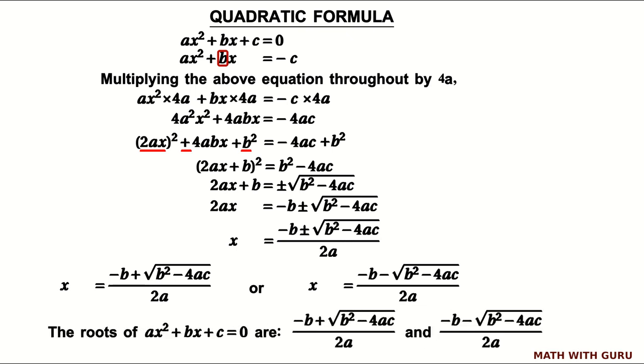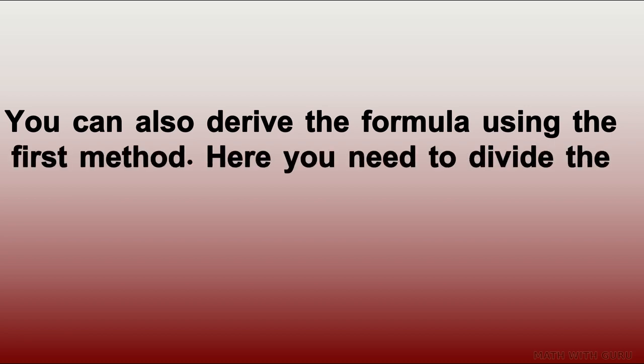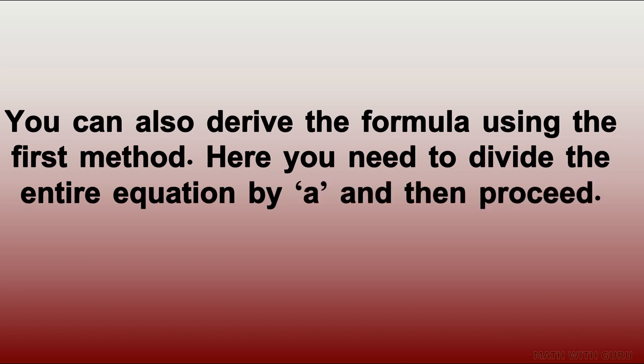The roots of ax squared plus bx plus c are minus b plus root b squared minus 4ac divided by 2a and minus b minus root of b squared minus 4ac whole divided by 2a. You can also derive this formula using the first method. Here you need to divide the entire equation by a and then proceed.